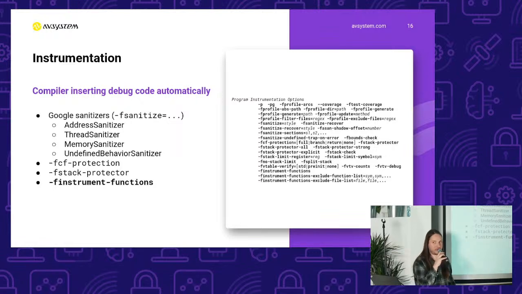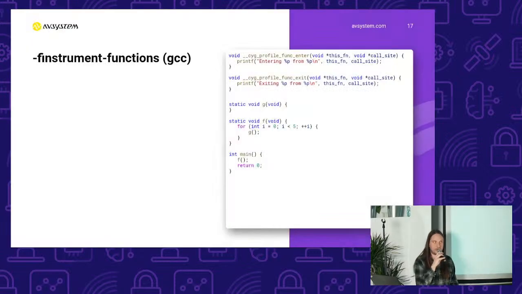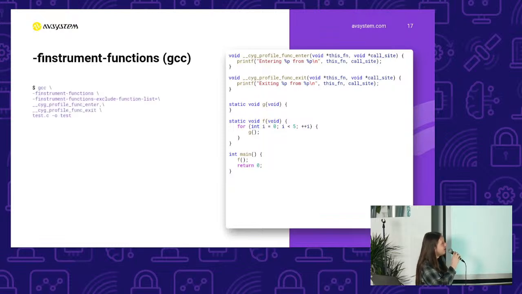But the thing I want to talk about is -finstrument-functions. This is a very powerful tool, actually. You need to declare two functions with some really funky names like __cyg_profile_func_enter and __cyg_profile_func_exit. And when you do that and put some also funky flags on the compiler command line, GCC helpfully has this exclude function list, so those two functions don't get instrumented as well.